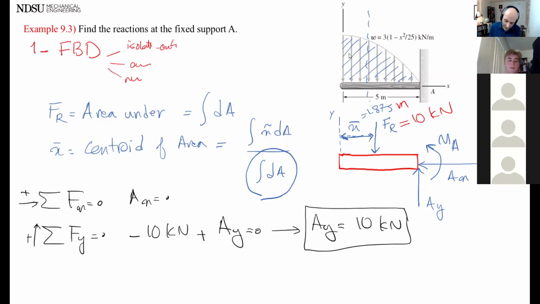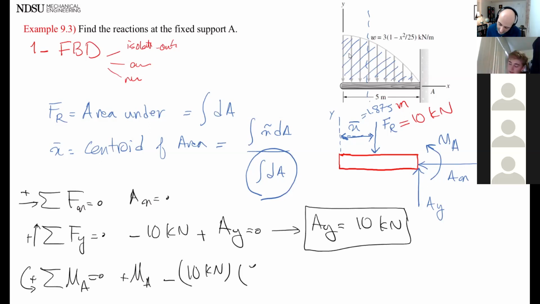And finally, summation of moments about point A being 0. I have moment at A, and that goes with my direction, so that's a plus, minus 10 kilonewton, location is 5 meters minus 1.875, equals 0.